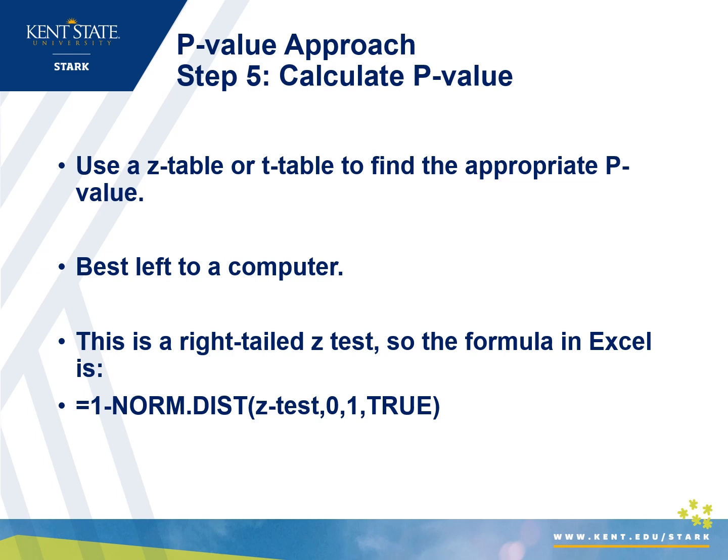The true in the function tells it to return the cumulative probability up to that value of z-test, rather than just the height of the probability density function at that value. So in effect, this is calculating the probability of getting a value less than the value of the z-test. What we want for a right-tailed test, though, is the probability of getting a value greater than the value of the z-test. So we take 1 minus the calculated value to figure out what probability is left for the right tail.